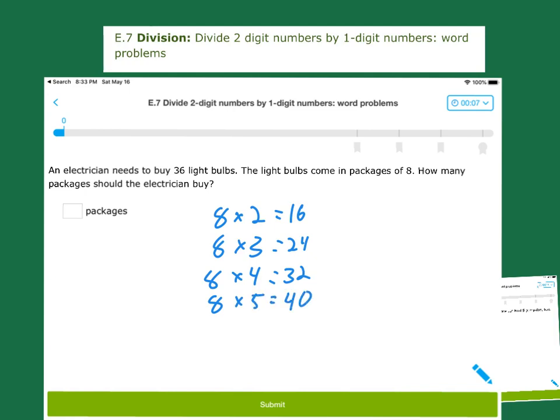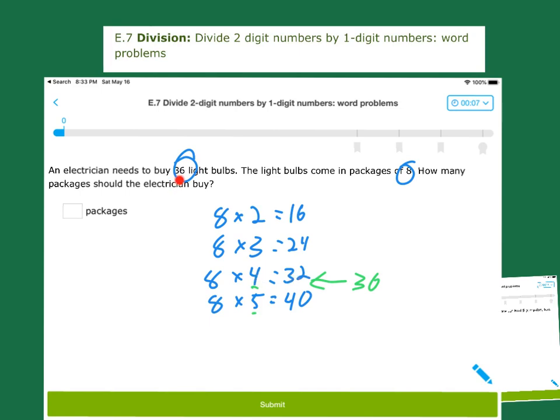Now we need 36. It would go right here. 36 would be between 4 and 5. So we just need to figure out the correct answer. Well, if the electrician buys 4 packages of light bulbs, he'd have 32 light bulbs. That's not enough.